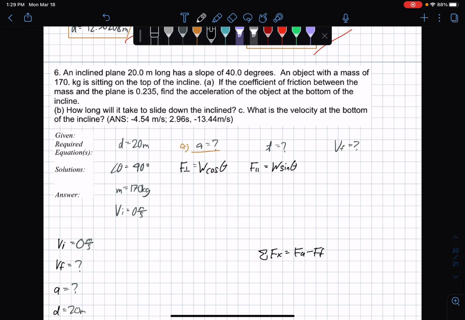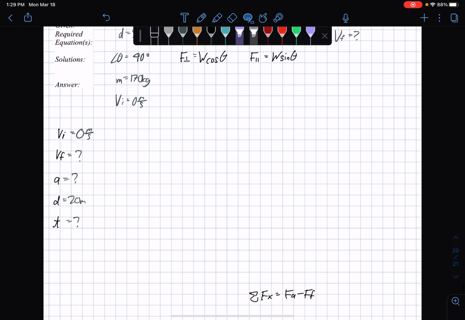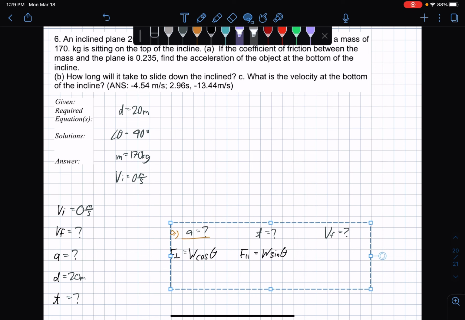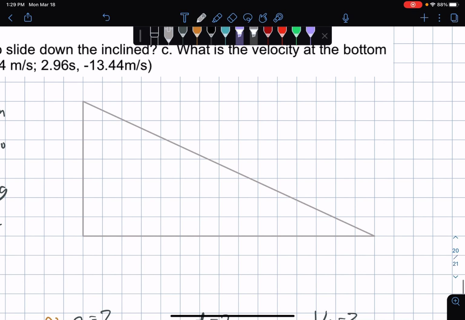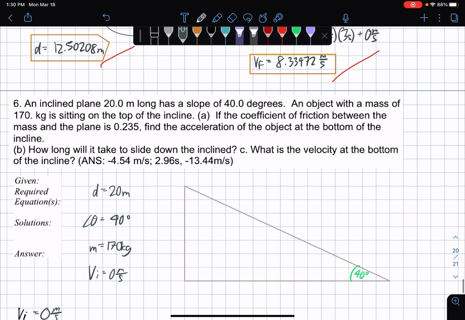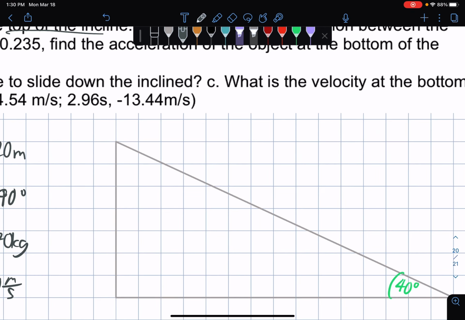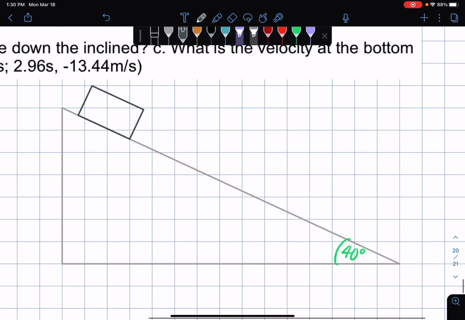By the way, just to give you a visualization, you should actually draw the figure that's related to the problem. So we have this inclined plane right here. We have the 40 degrees over there. Okay, so the object is sitting on top of the incline. Let's say the object is this. And then this is the Fa.